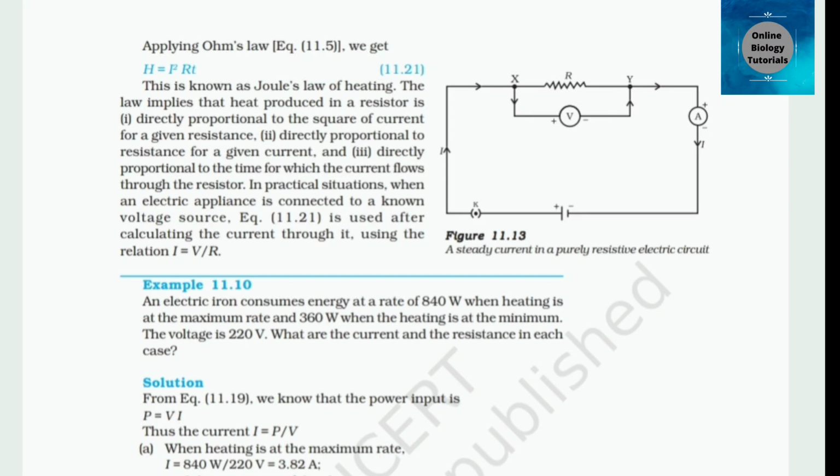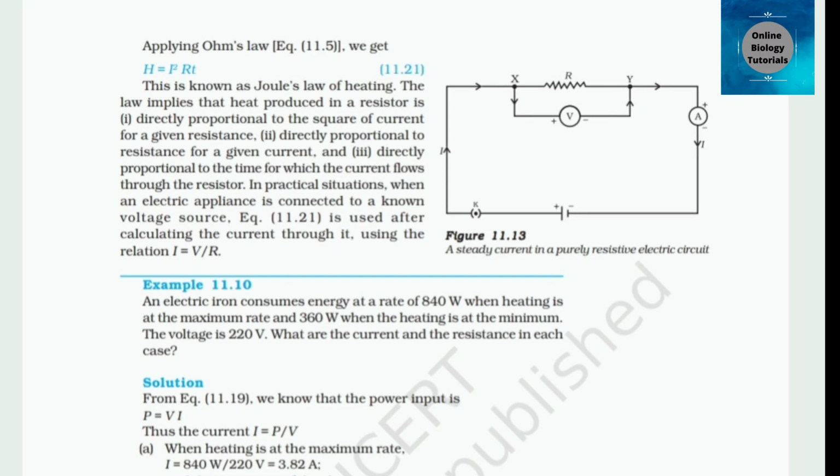In practical situations, when an electric appliance is connected to a known voltage source, equation 11.21 is used after calculating the current through it using the relation I = V/R.